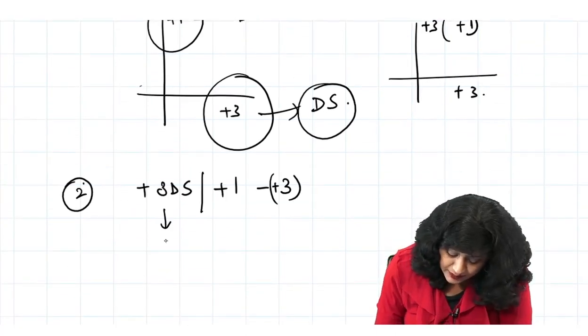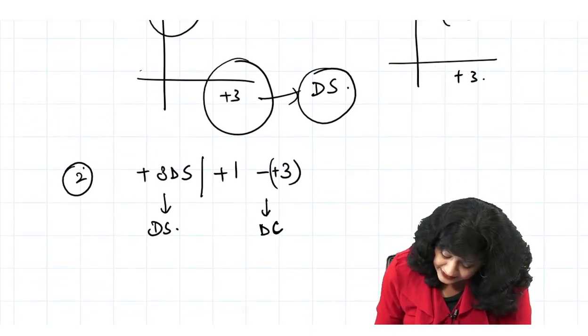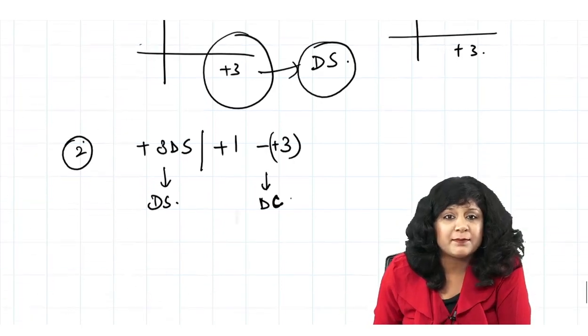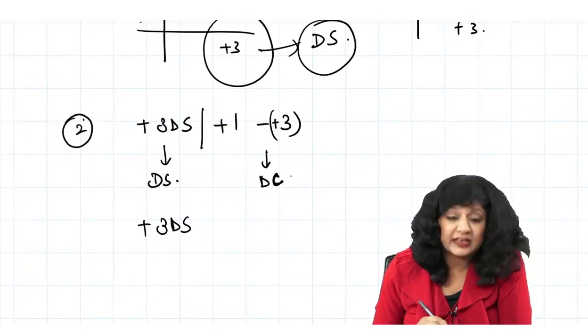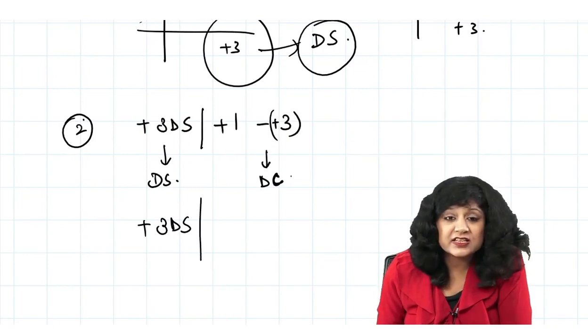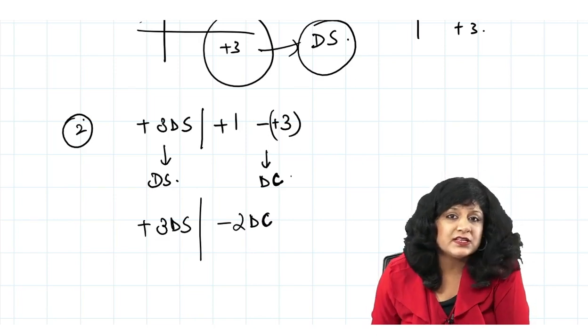So now this will become my diopter spherical correction and this will become my diopter cylindrical correction, plus 1 minus 3. So this will give me plus 3 diopter spherical with minus 2 diopter cylinder.